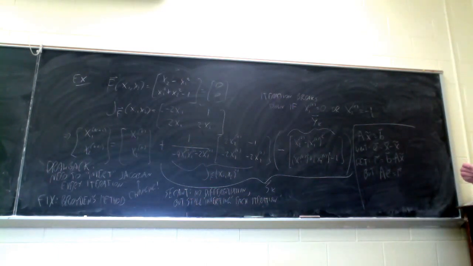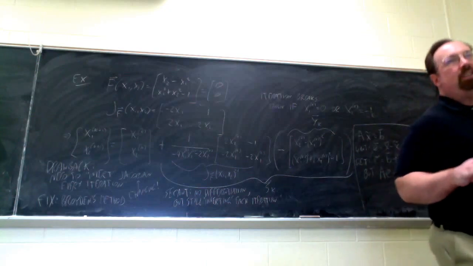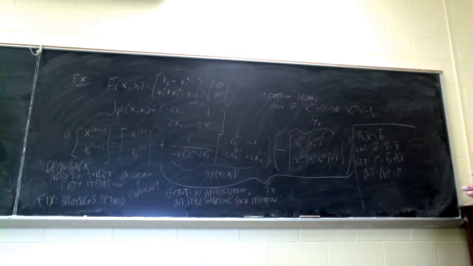If you have error coming from several sources, as you often do, for instance, when working with PDEs, there's no point in solving some subproblem exactly and making that error zero when you already have other error, not if it's going to cause you much greater computational expense. So make all your errors from different sources at least comparable and save yourself some effort computationally. That provides the best balance of accuracy and efficiency.